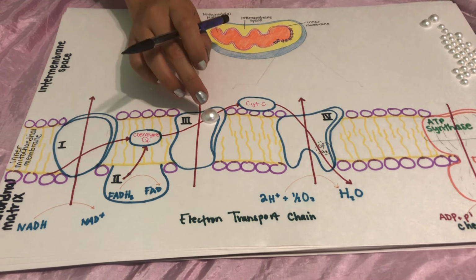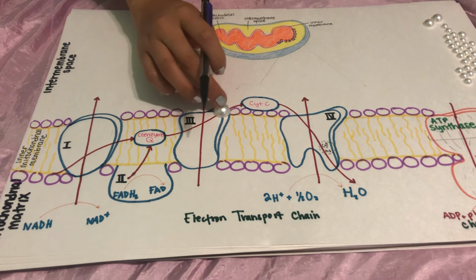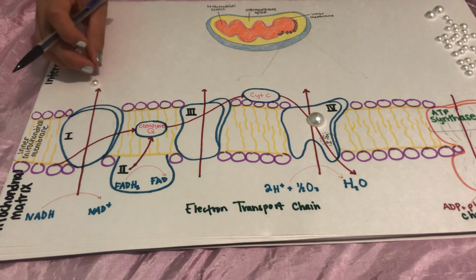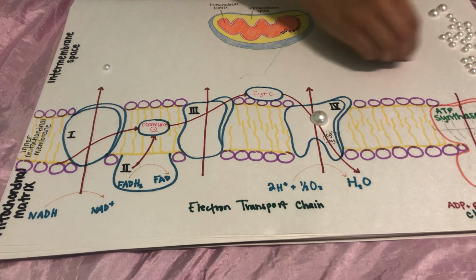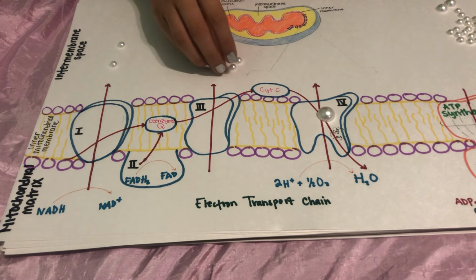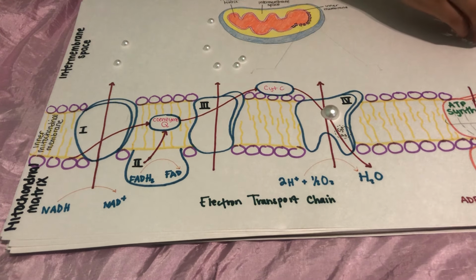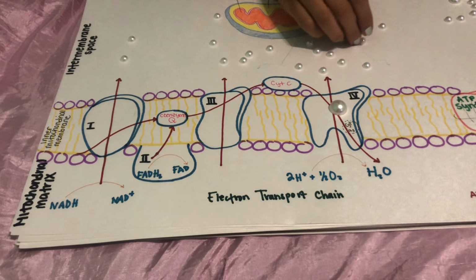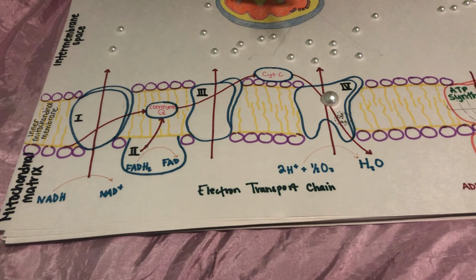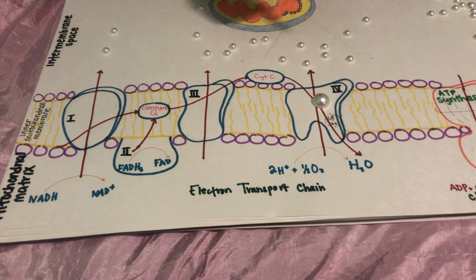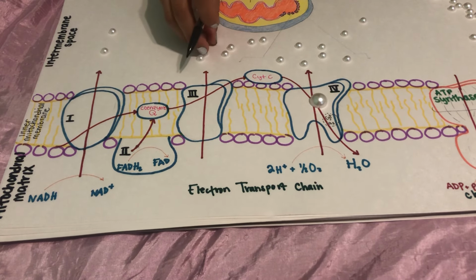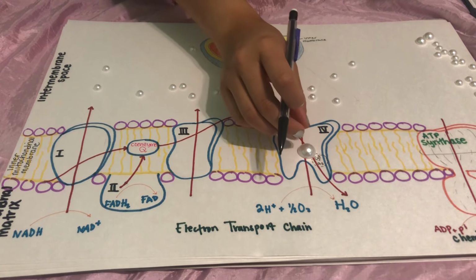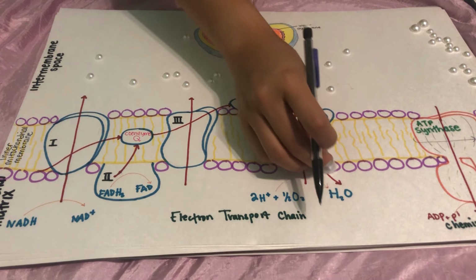So our electron moves down the electron transport chain, and when it does, it releases hydrogen ions, which are essentially protons, into the intermembrane space. At the end, the last complex 4, which is the last electron acceptor, gives off its electron to an oxygen molecule.